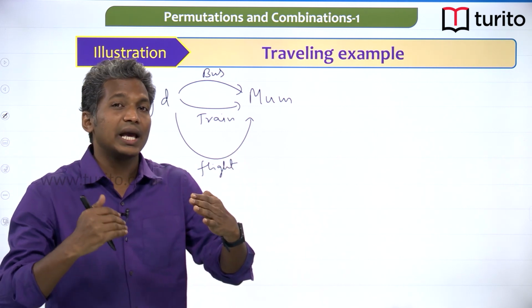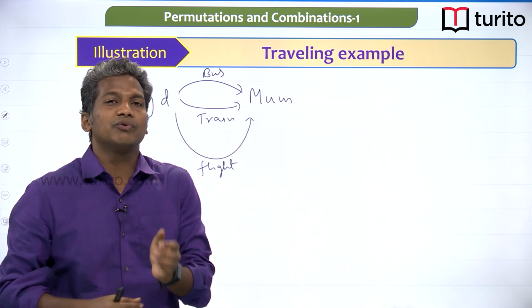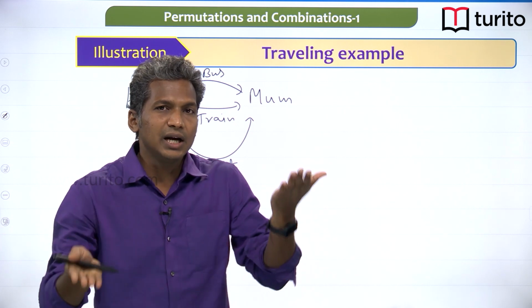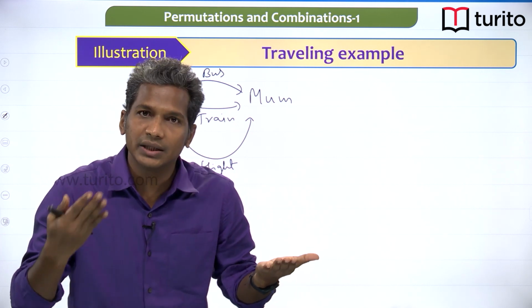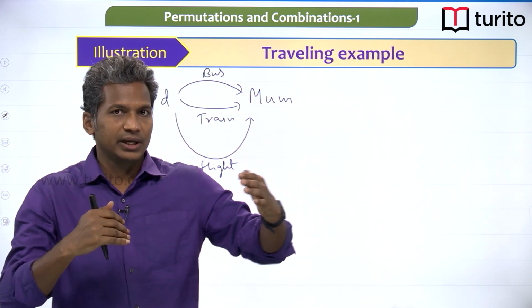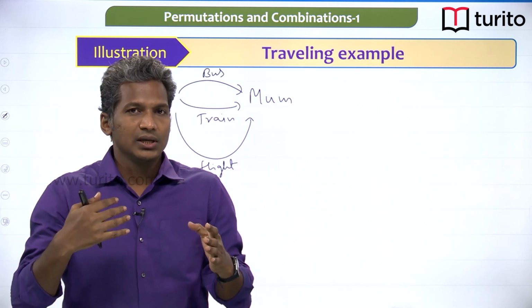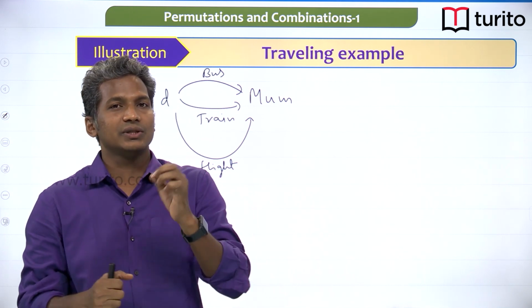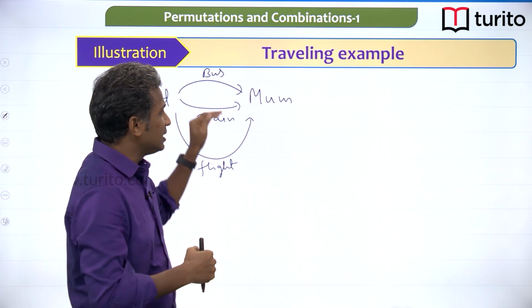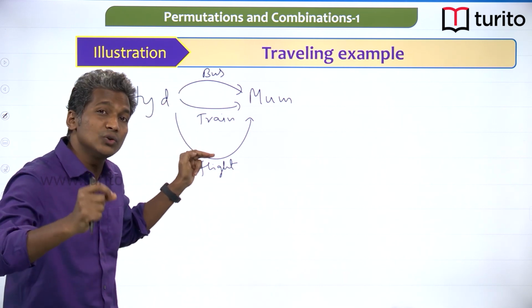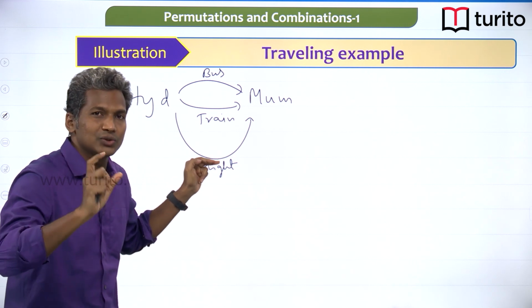This is called the exclusive OR. You cannot put one leg on the bus and one leg on the train and go. Train and bus cannot happen together. If bus is happening, train will not happen. If train is happening, flight will not happen. So, there is that nature of exclusiveness. When the relation between these three different events is exclusive OR, this is called exclusive OR.